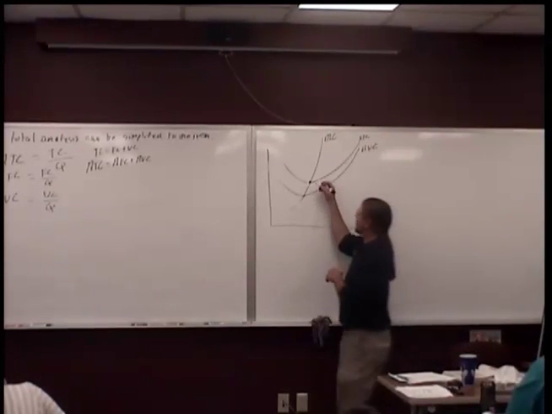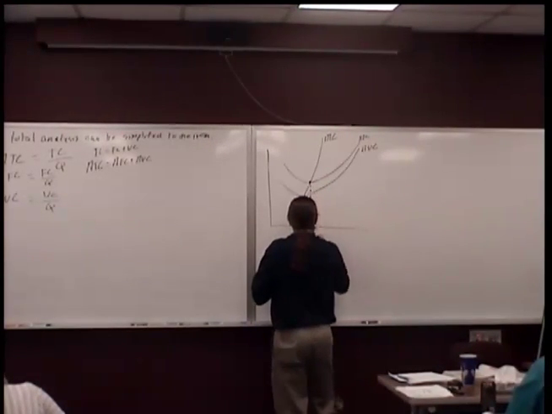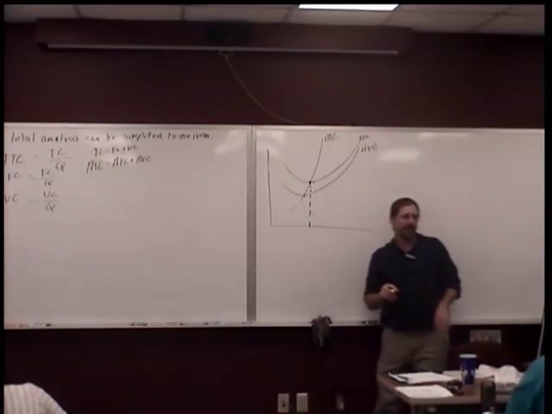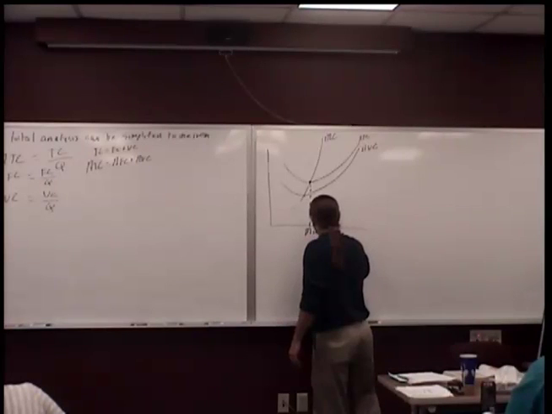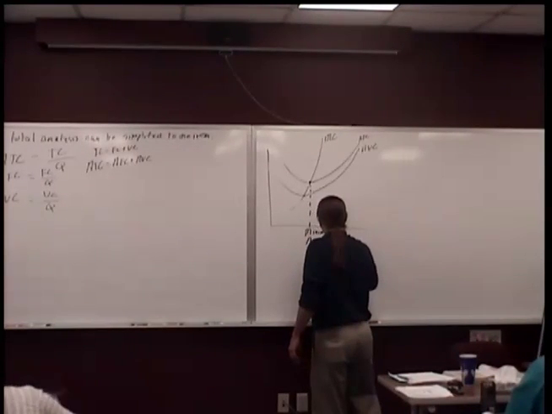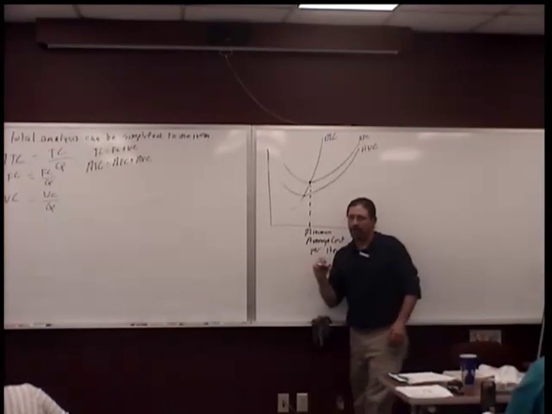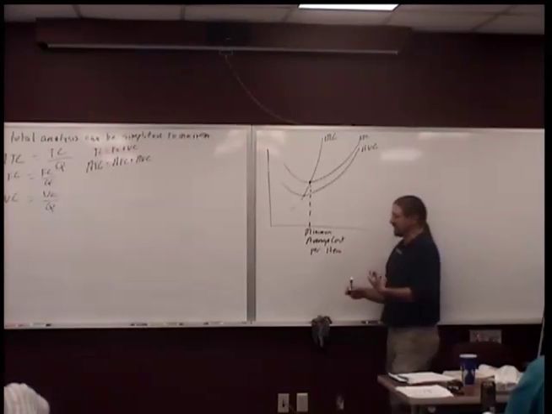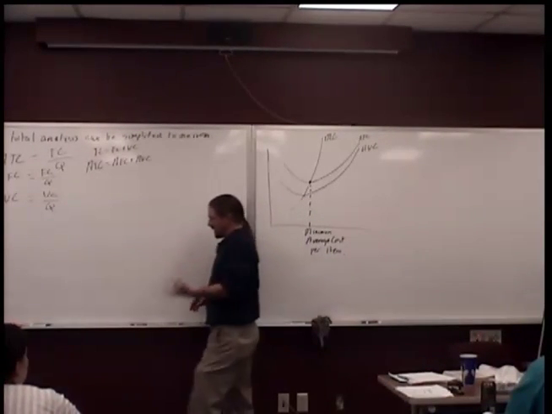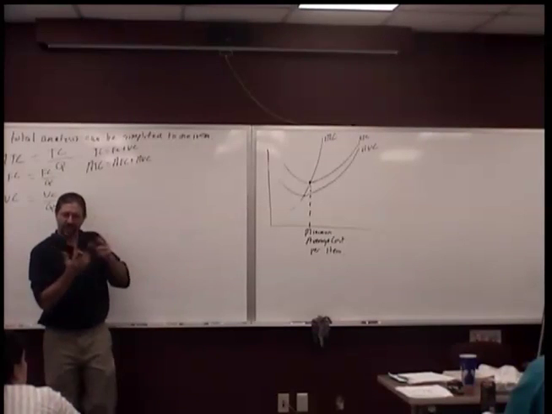And this is the sort of thing that businesses look at when they have to deal with competition, is finding this minimum point. Please realize this is another one of those things where sometimes the obvious gets lost.